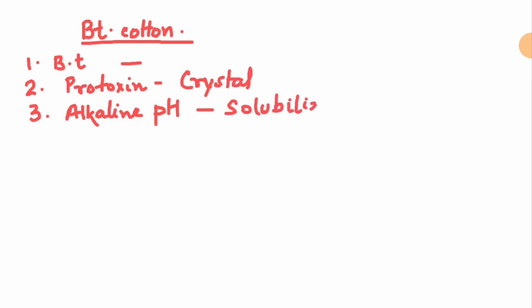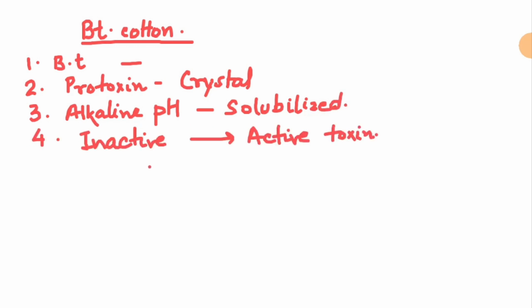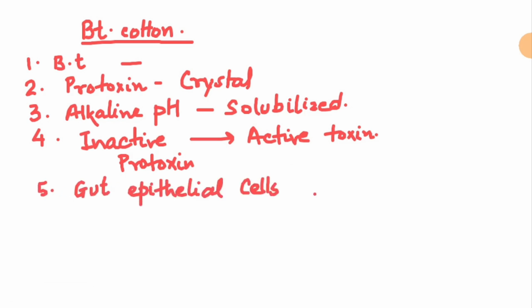Solubilized in alkaline pH. So in the alkaline, in the soluble form, the inactive protoxin becomes active toxin. And since this is happening in the gut, this active toxin will immediately bind to the gut epithelial cells. This is going to create pores in the cells.